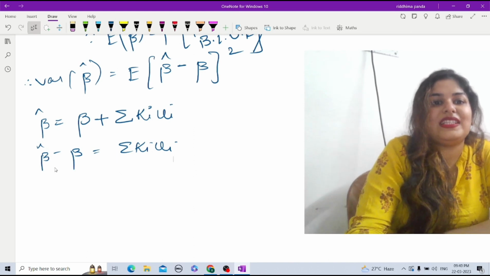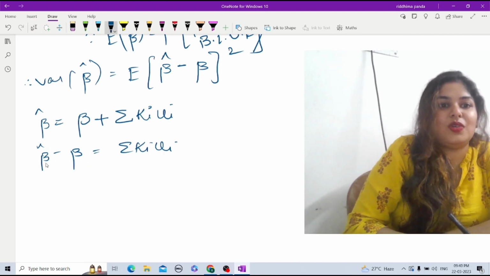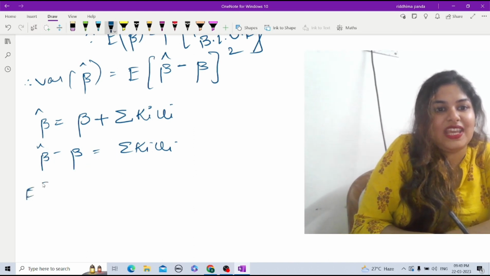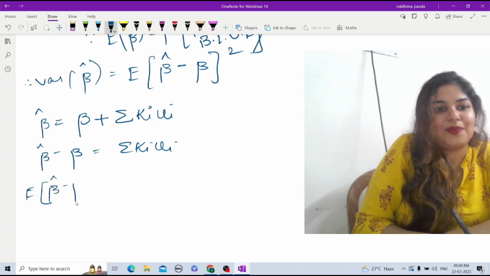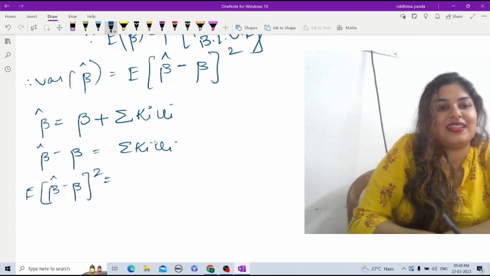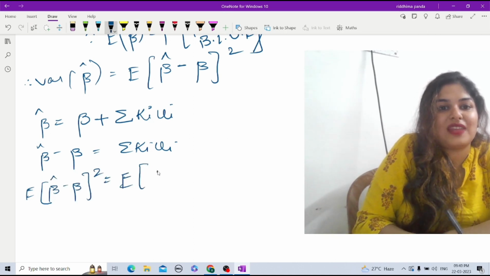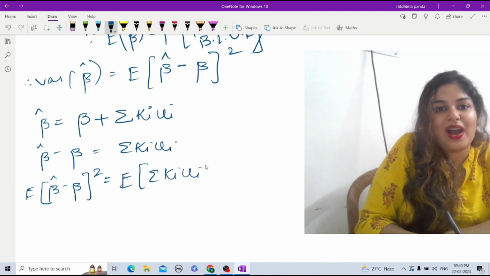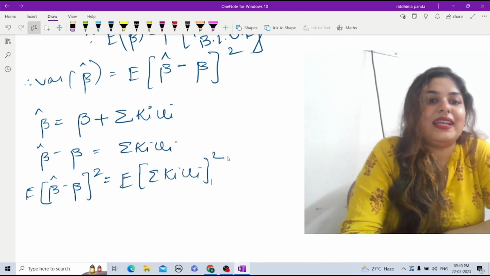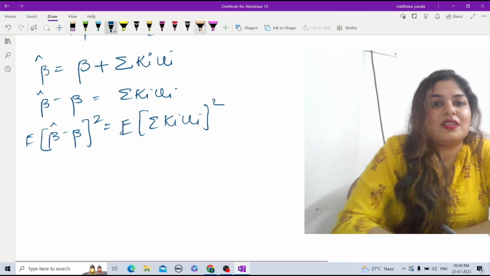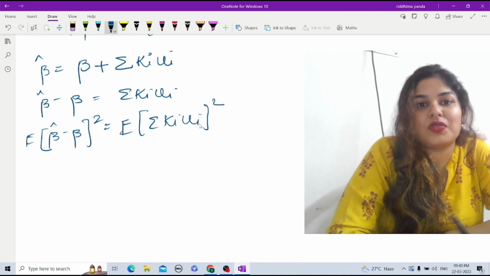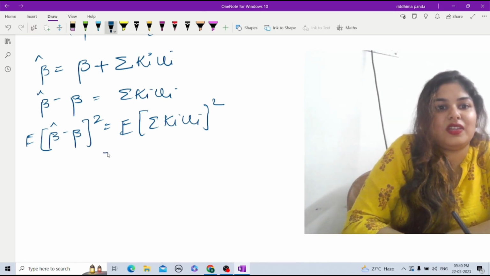Now if I take the whole square and write down the expectation in the next line, that is E of beta hat minus beta whole square, then it is equal to E of summation ki ui whole square, right? Now, what is the whole square formula here that we can write down, we can expand it.